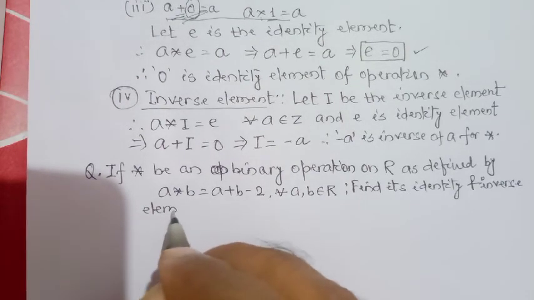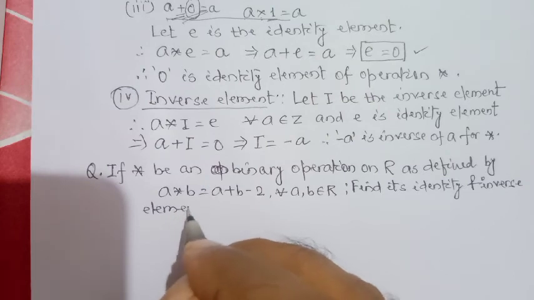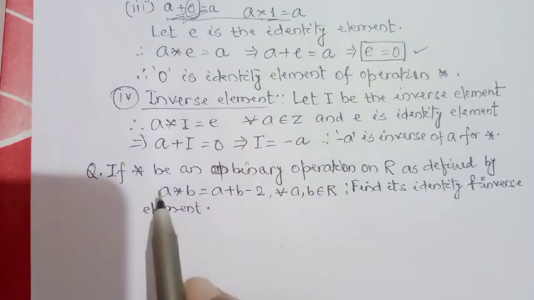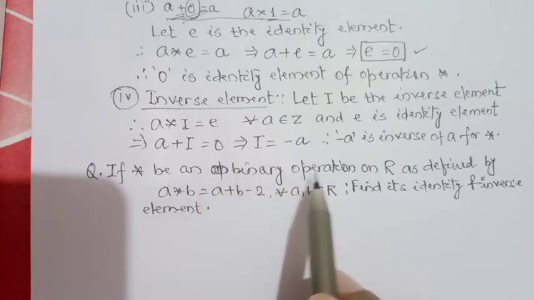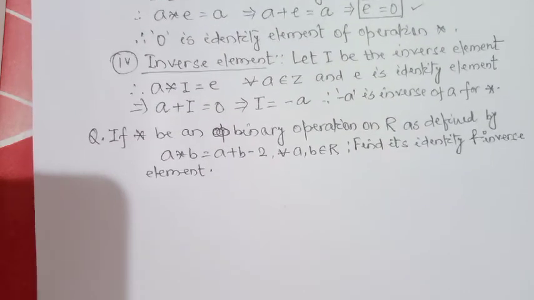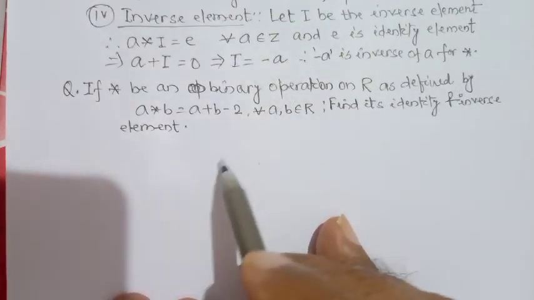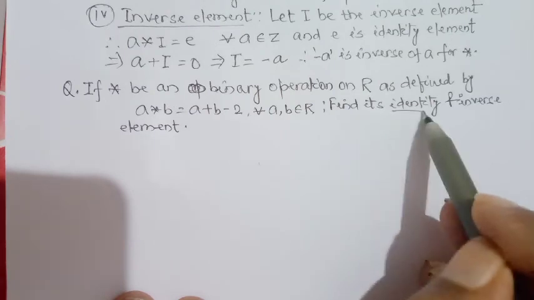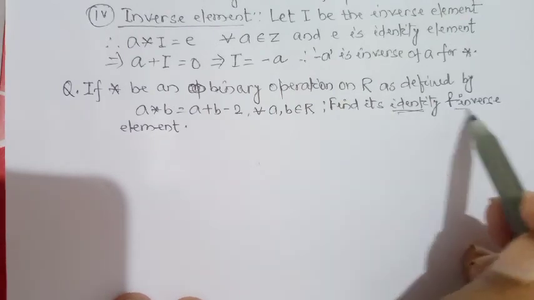This is your next question. It is already given that star is a binary operation, so there is no need to prove that star is binary because it is given. Second, you have to find only its identity element and its inverse element.